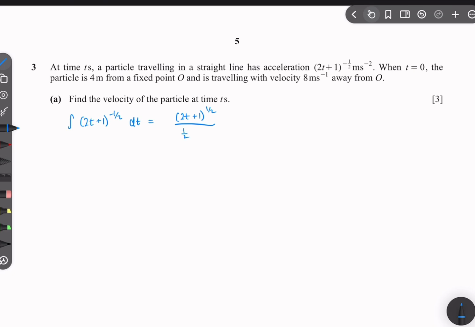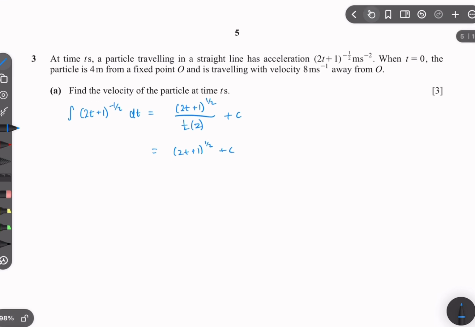And then we divide by the power multiplied by the differentiation of the equation inside the bracket. So if you differentiate 2t plus 1, it will be 2. And then remember to add the constant. Okay, a half times 2 is 1, so we can just leave it like this.